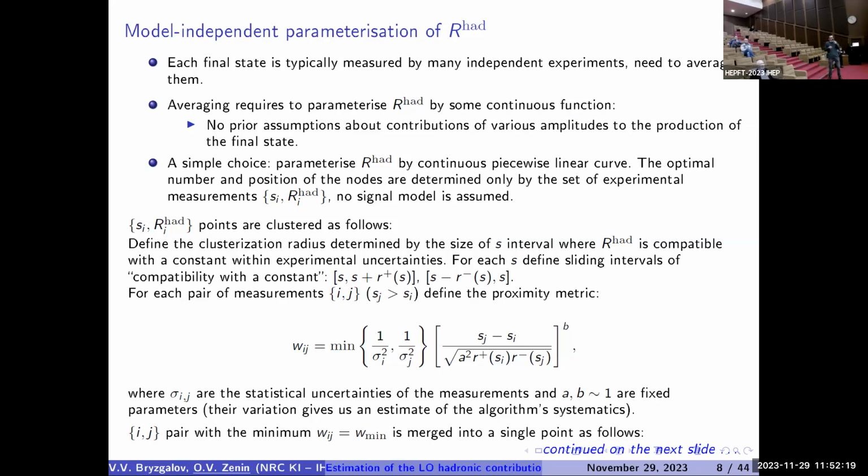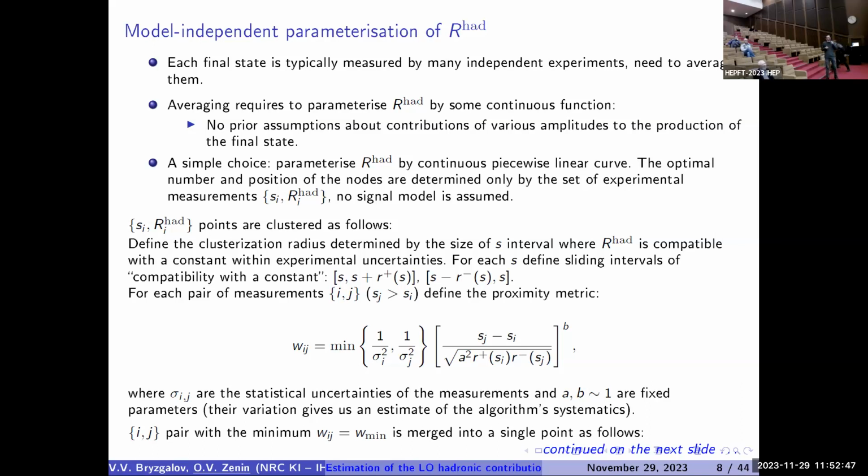We use a kind of clustering algorithm, which proceeds as follows. First of all, for each value of center of mass energy, we find an energy interval within which the measured cross-section with its experimental uncertainty is compatible with a constant.